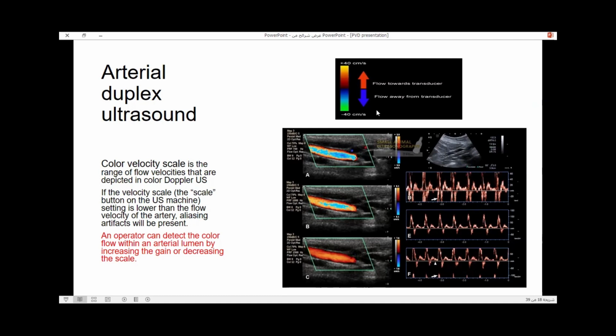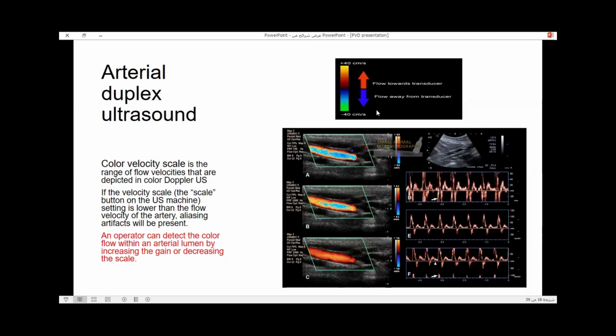So mostly we are increasing the gain. The gain is the number that appears beside the ultrasound box. So in this image, for example, it is about 3.5, but if this is very low, we can get the lower flow by this scale system.